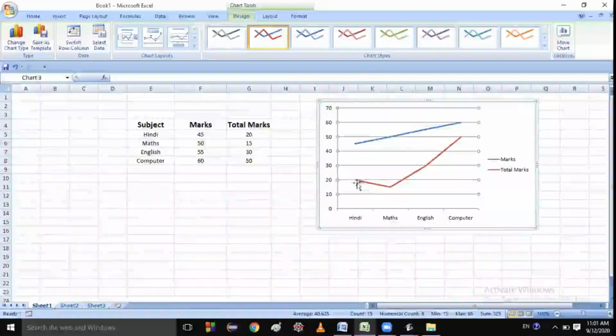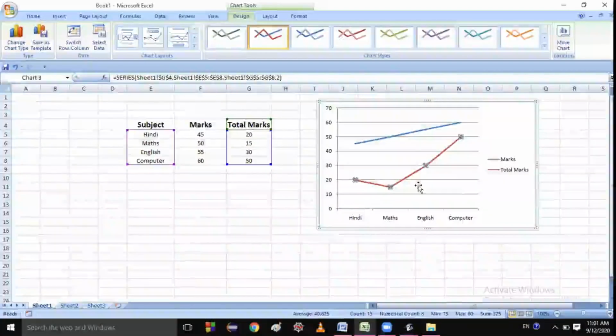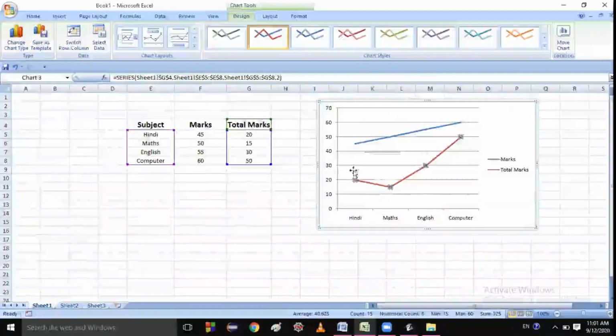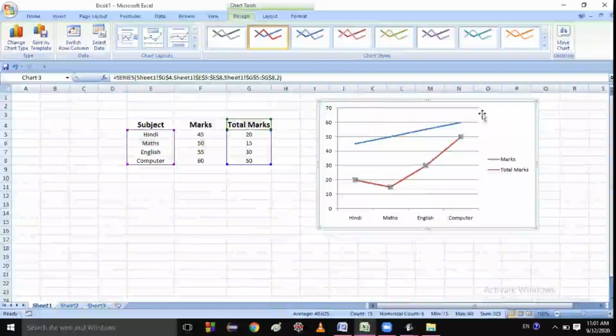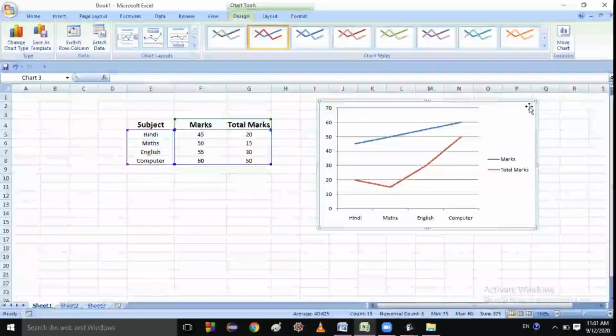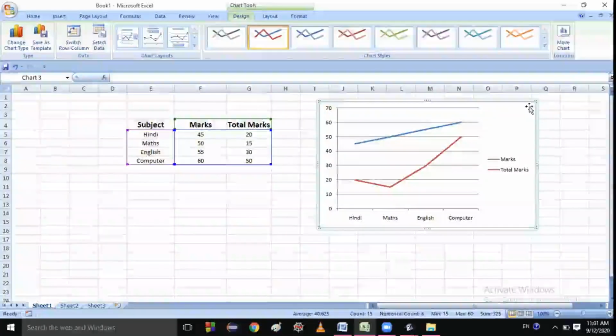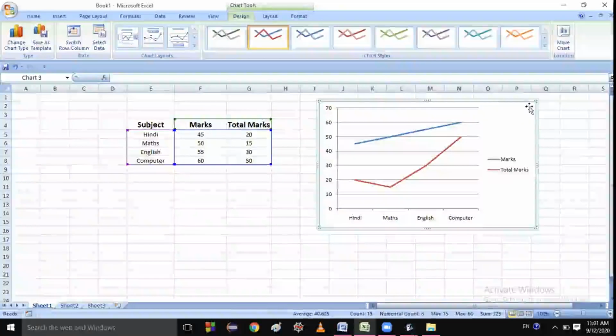Here, if I draw the x-axis and I draw a line to this axis, you know that this will be merged like this. That means it covers the area. It will cover the area. Can you understand or not? Does it cover the area?